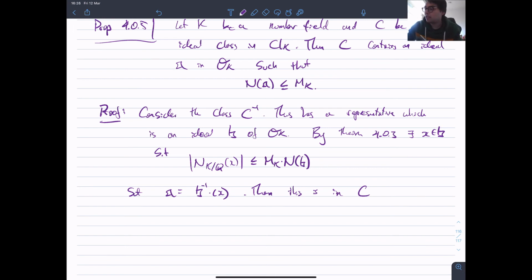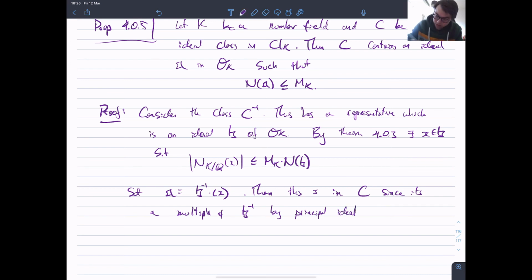This is in my class C, since it's a multiple of B by a principal ideal. It doesn't have to be fractional. In this case, the theorem tells me that X is an OK principal ideal.